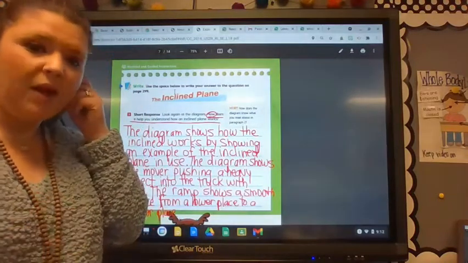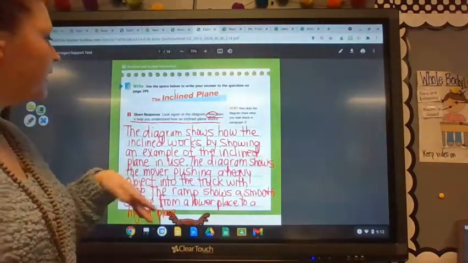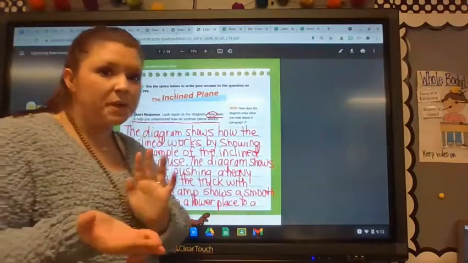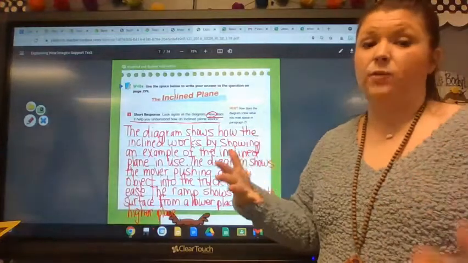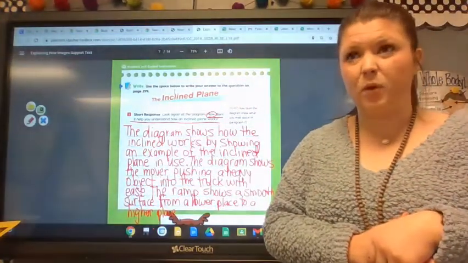Okay. All right, guys, so now we understand how the diagram helped us to understand more about the inclined plane being that ramp, because we can see that example, can't we?